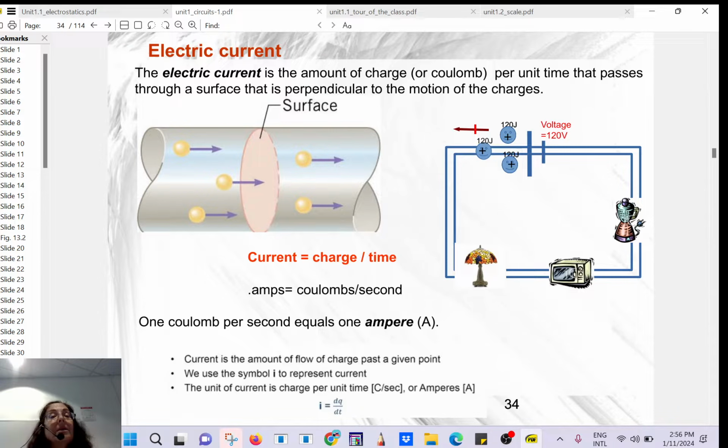So how much energy is available every second? 3 times 120, 120, 120. 360 joule per second. And that will be the definition of watt.